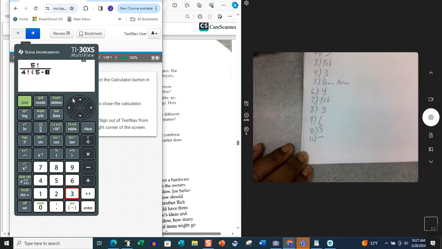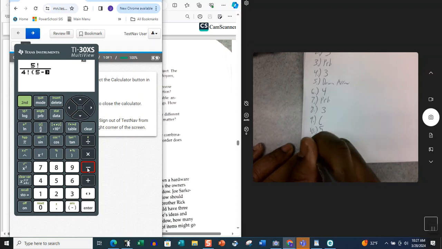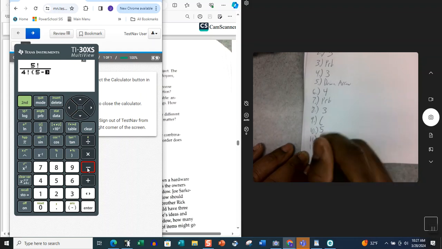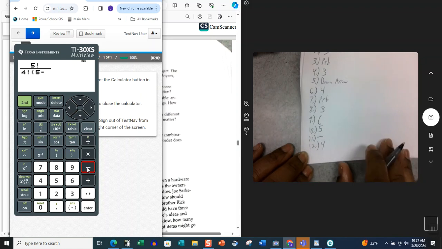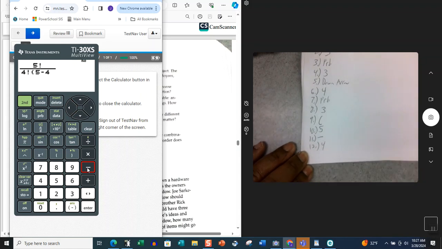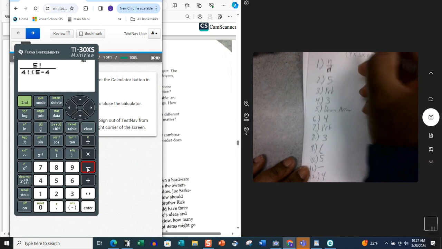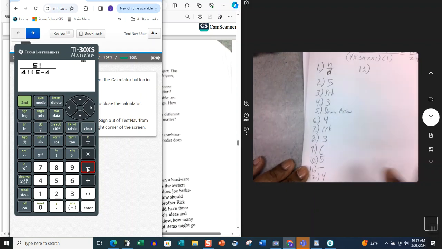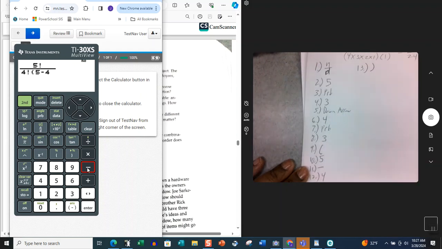Well, let me type that so you can see it on the calculator. So you have 5, then minus. And then step 12, you'll press the number 4. Step 13, you'll press the close parenthesis key.